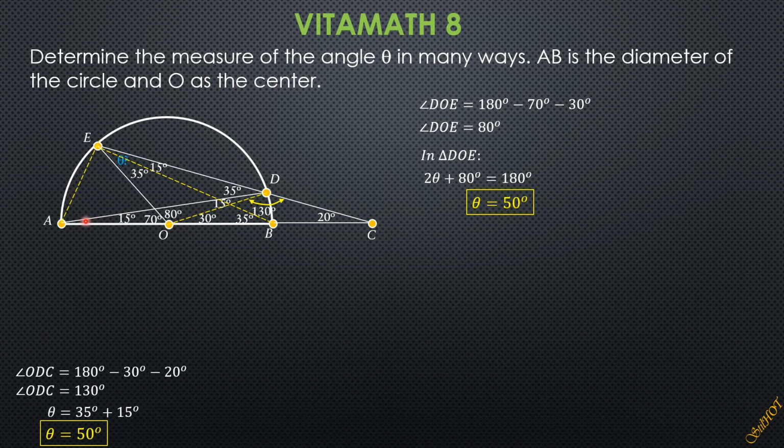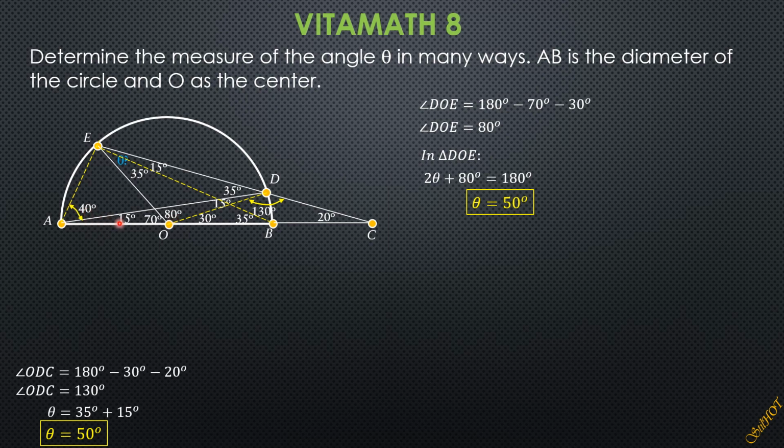Secondly, this 40 degrees here is an inscribed angle subtending arc ED, which is the same arc subtended at the center by 80 degrees. That's why this must be half of 80 degrees. So that is 40 degrees as shown.